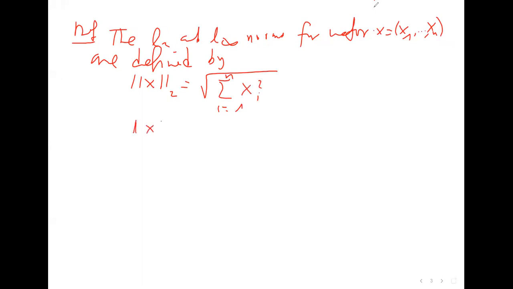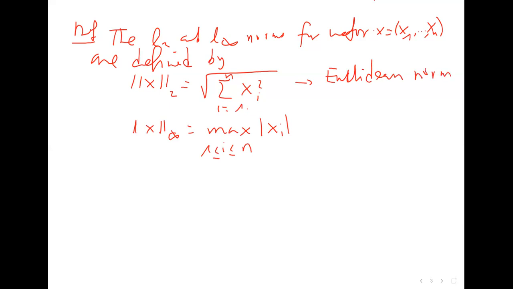And then we have the infinity norm, which is the maximum value of the absolute value of every entry xi. Of course, this norm is popularly called the Euclidean norm. I'm sure you all know about it.